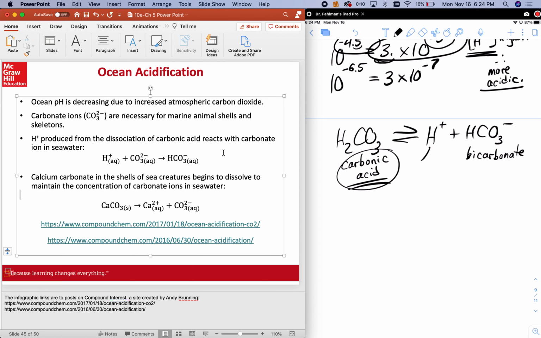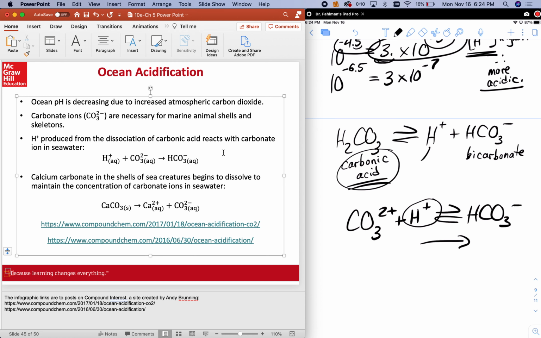And so again, it's kind of this equilibrium, right? You've got this plus protons goes with that, okay? And if it's moving in this direction, it's good in that it's removing protons from solution, and that way the seawater is naturally basic, and it's conducive to having carbonate that can form mollusk shells.